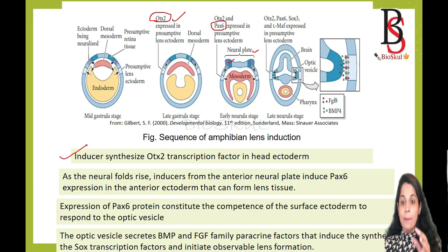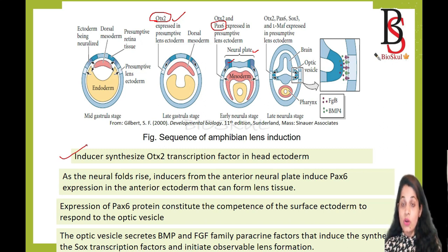Then PAX6 from the neural plate. Okay. Then the neural plate induces PAX6 expression in the anterior ectoderm that can form the lens tissue. So, expression of PAX6 protein constitutes the competence of surface ectoderm to respond to the optic vesicle.